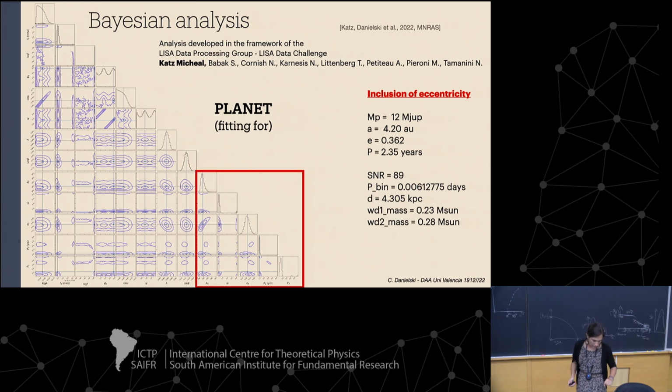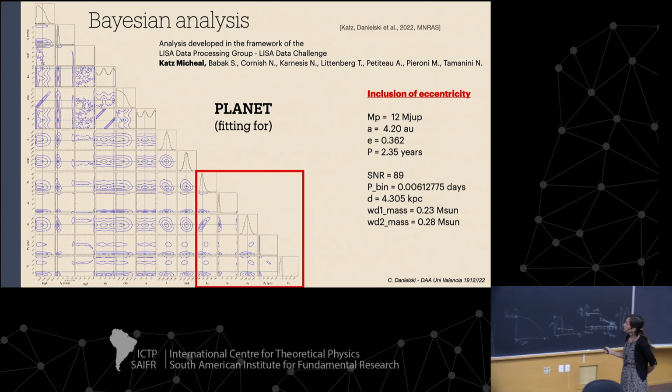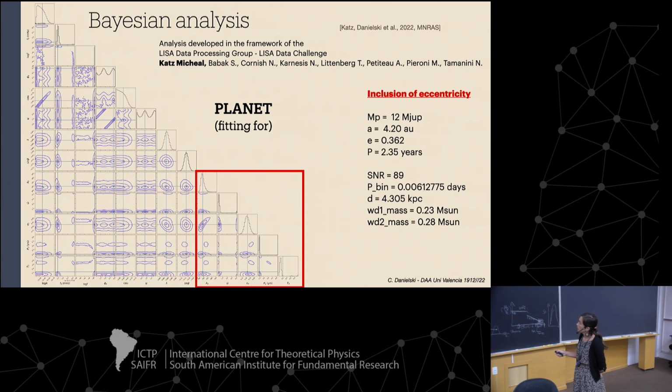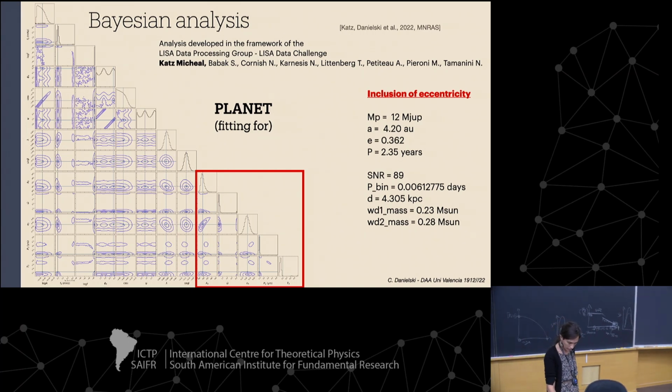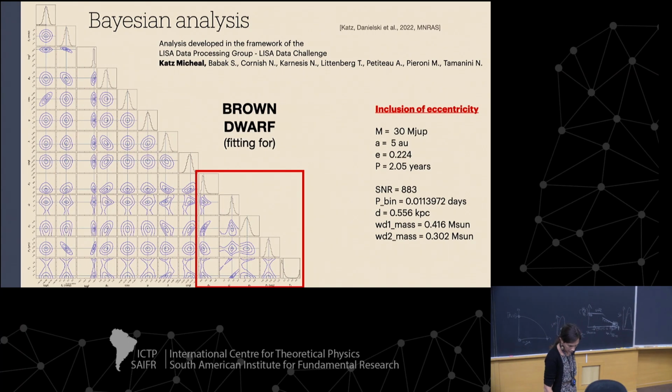You see here just the ones related to the planet, so eccentricity, period, and so on. We see that indeed we are able to retrieve it very well, so the line is passing through the center of the distribution of the true value. So that was good news, right? Our fitting with the third body was working.